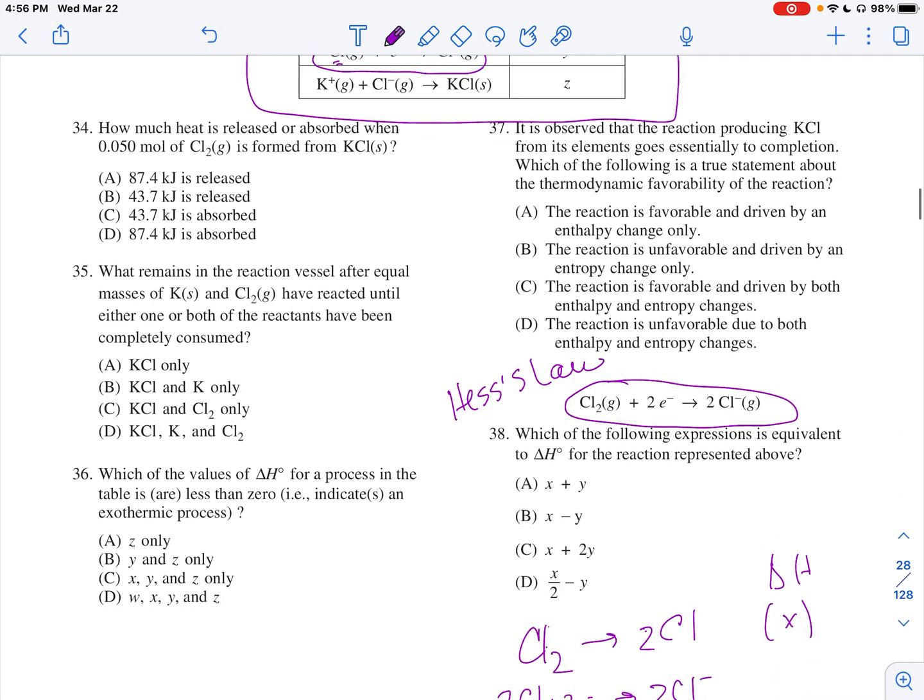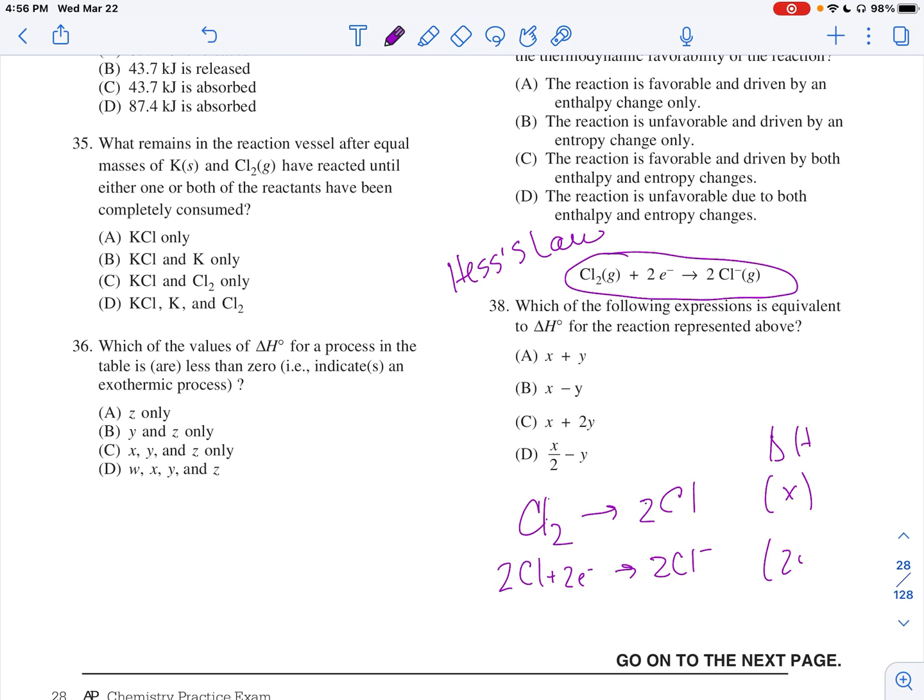So then that would be 2Y for delta H. These would cancel, and you'll end up with Cl2 plus 2 electrons gives you 2Cl minus, which is what you wanted. So then all you have to do is add the delta H's together. So your answer is going to be C.